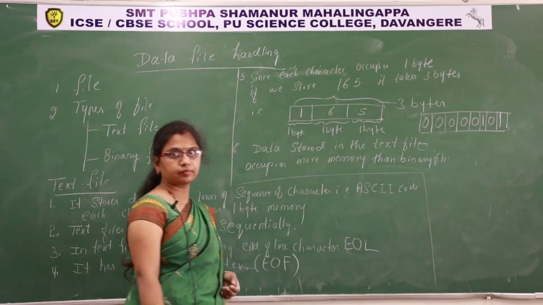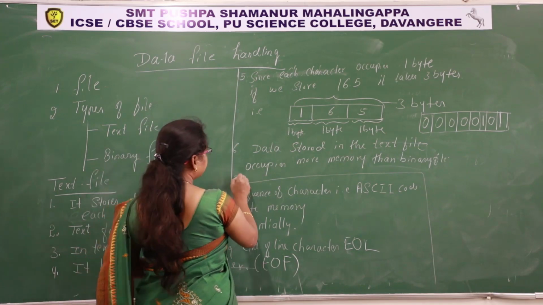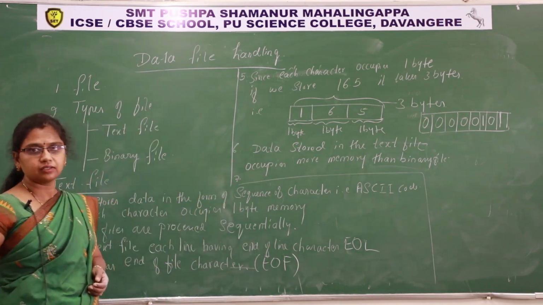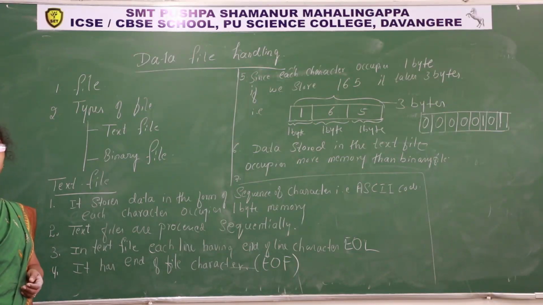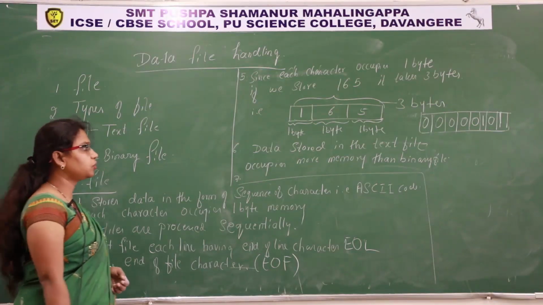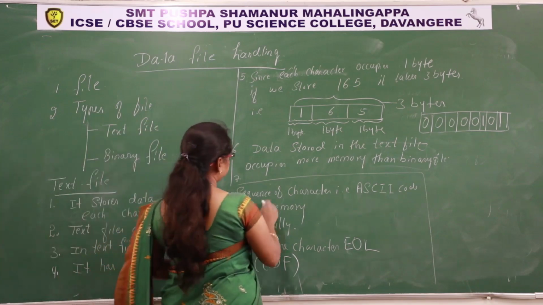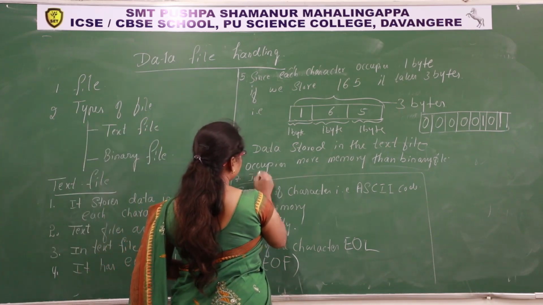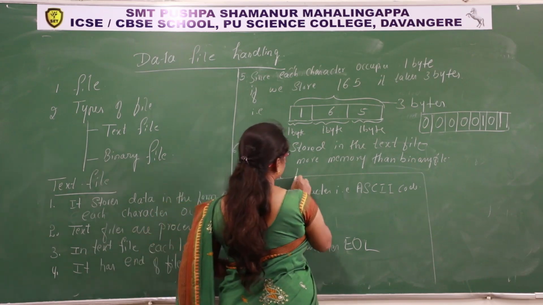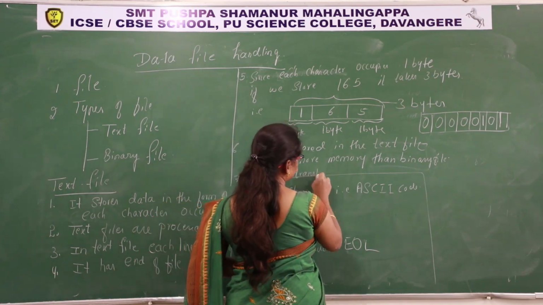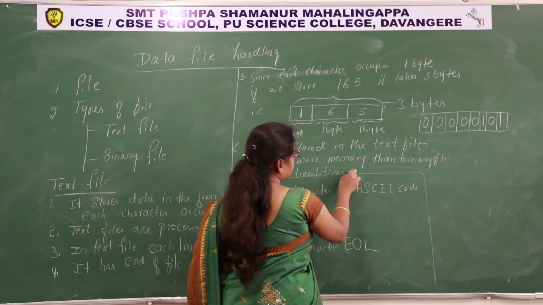Here internal translations are required. In binary file, no internal translations are required. Already it is in the binary form, so no translation is required. Here, internal translations are required.